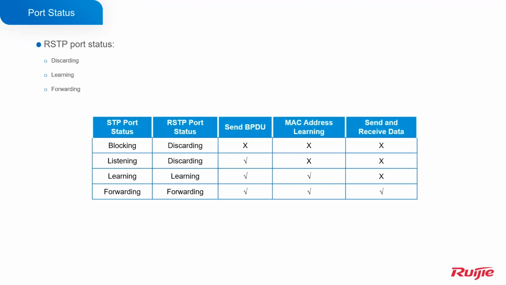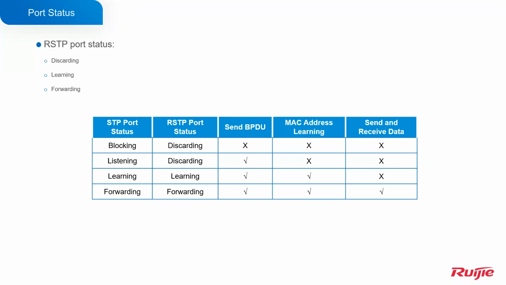For STP, we still remember that it has 4 port states: blocking, listening, learning, forwarding. While for RSTP, it only has 3 port states: discarding, learning, and forwarding.